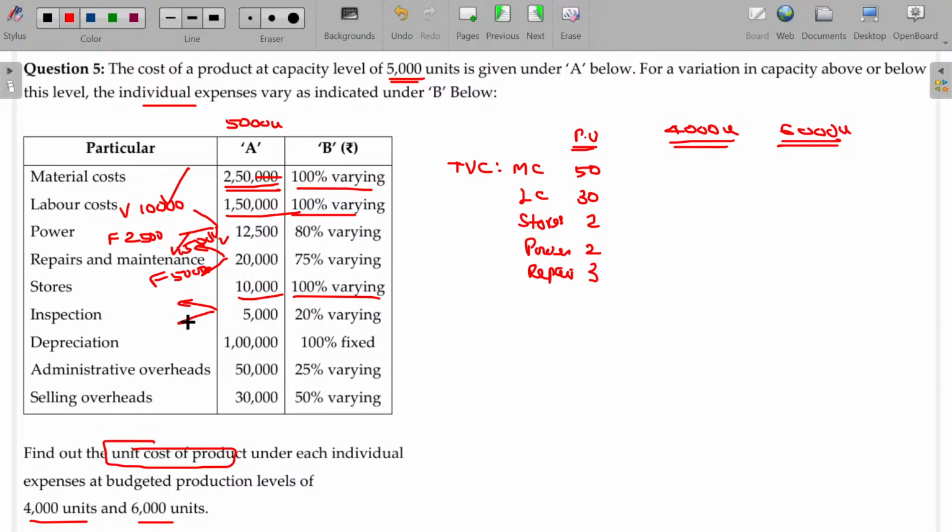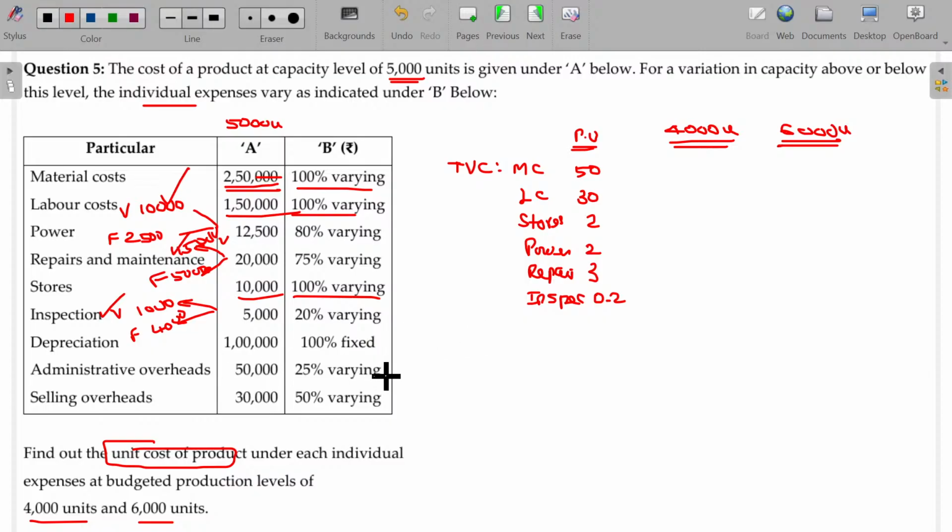Inspection variable 20%, 1,000. Fixed 4,000. Finish off variable first of all. Inspection 1,000 for 5,000 units means 0.2.